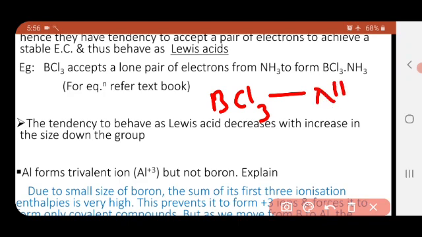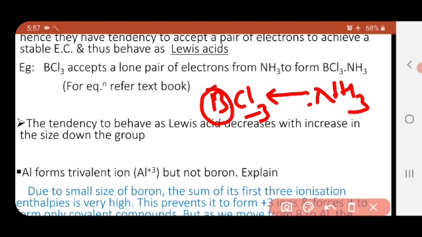Now the compound which is formed, we can show it like this: BCl3 arrow NH3. Here nitrogen is giving the pair of electrons to boron, and hence the arrow mark is shown like this. So this bond we call a coordinate bond or dative bond, and this equation is given in the textbook. So please refer to the equation in the textbook. Right? Now boron has 3 electrons in the outermost shell. 3 electrons are shared from the 3 chlorine atoms.